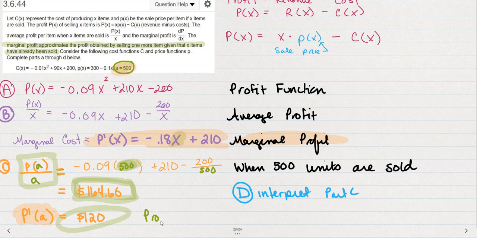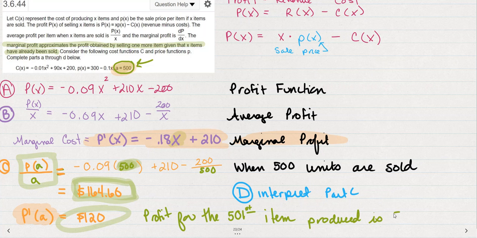What this tells us is that the profit for not the 500th, but one more, the 501st item produced, is $120.